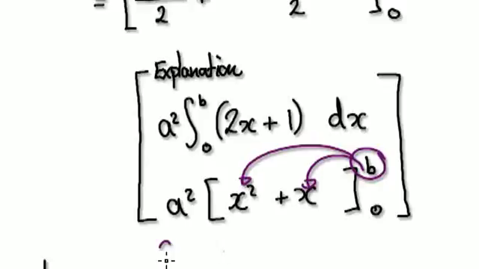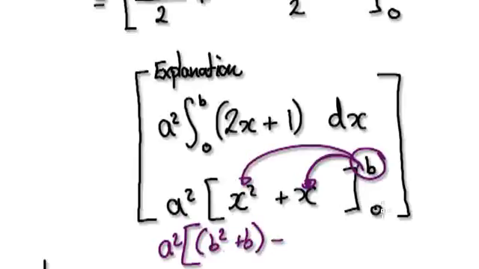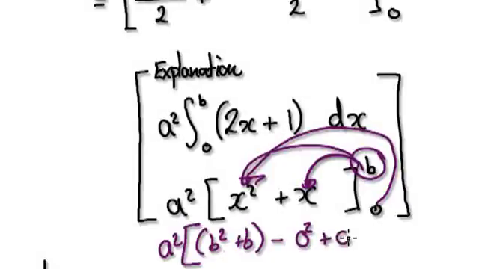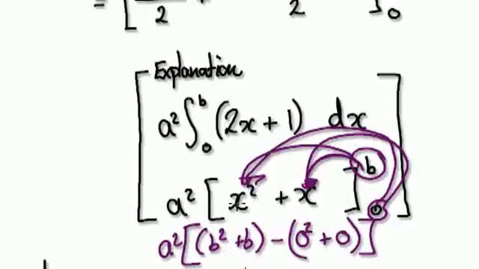So that will become a squared, and then we put b into here, so that will be b squared, plus b. Then take away, put 0 into here, so that would be 0 squared plus 0. Put 0 into here, then that would be 0 here. So by right, it should be like this.